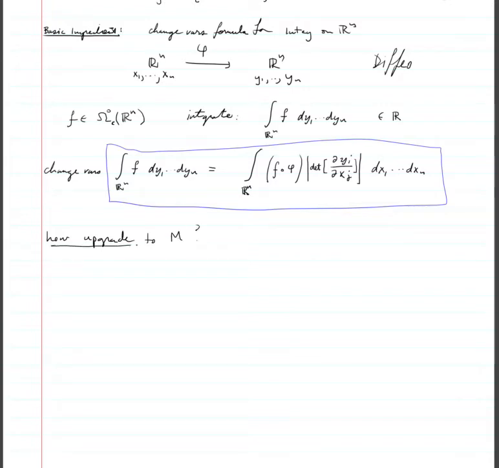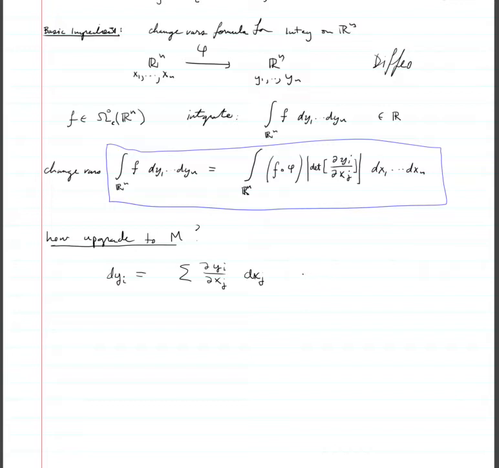The way that we upgrade this is to just observe that this Jacobian determinant, we've seen it before in the change of variables formula for differential forms. We know that dyi is the sum of (dyi/dxj) dxj.